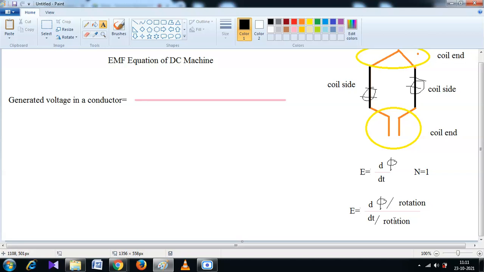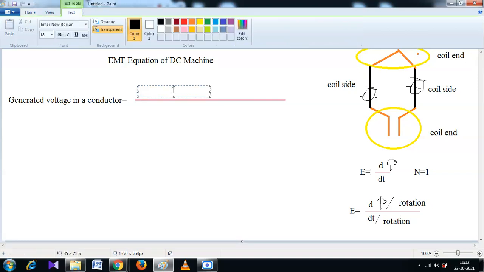The induced voltage expression, can I modify it like that? Yes, sir. Then what is d phi by rotation? That means flux cut per revolution. I can say that this is flux cut per revolution.